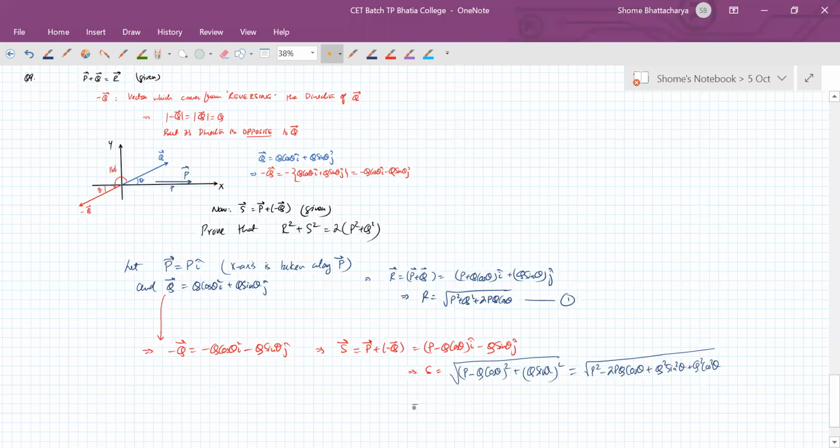So you will get the magnitude of s to be square root of p square plus q square minus 2pq cos of theta.